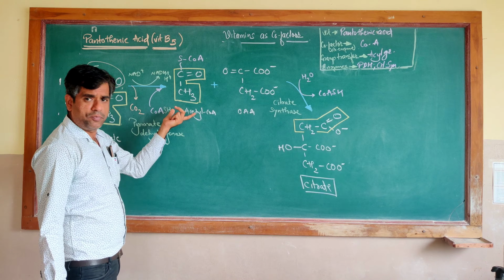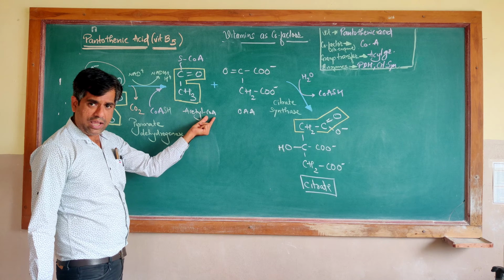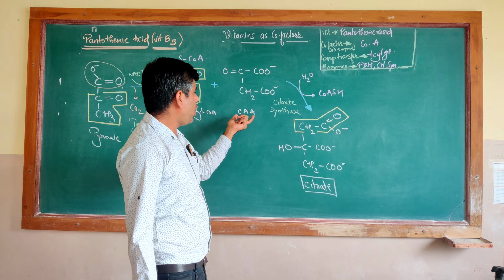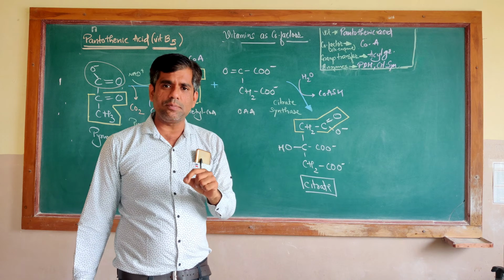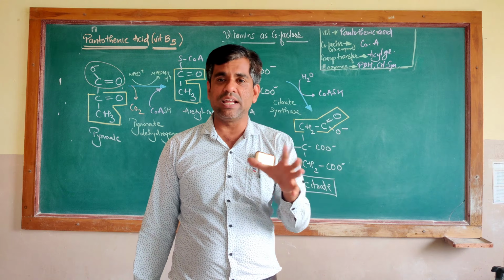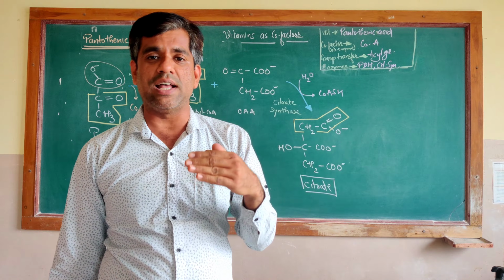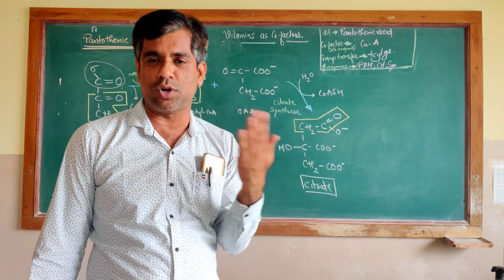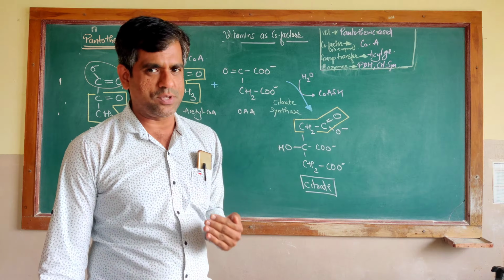Now this acetyl group transiently attached to CoA will be transferred to oxaloacetate, in the first step of the linking reaction, the formation of citrate in your tricarboxylic acid cycle or the Krebs cycle.